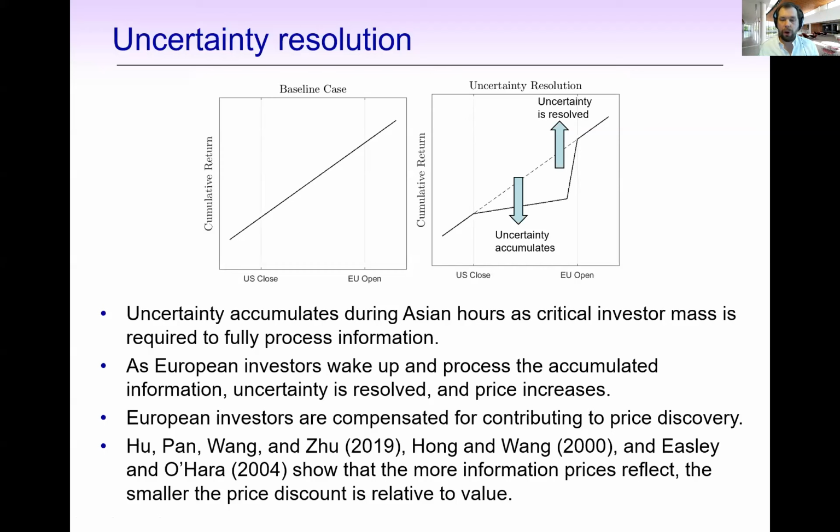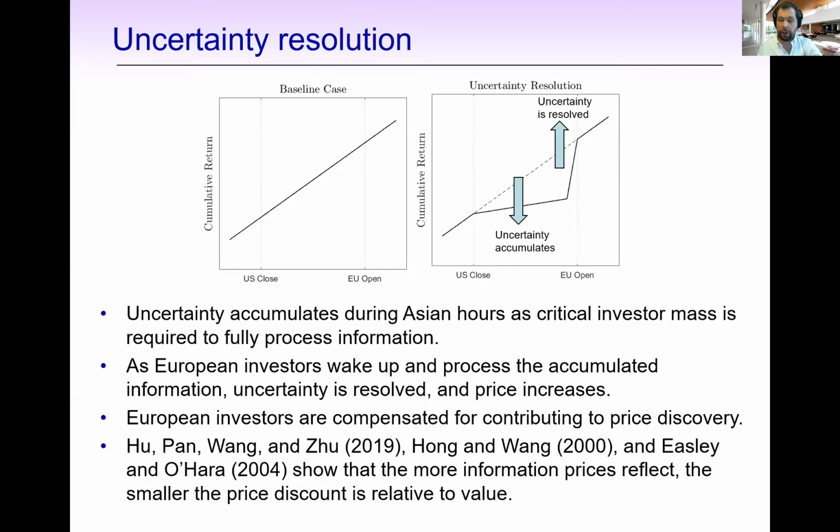During most of the day, uncertainty is relatively low because we have a critical mass of investors that process the incoming information, except for the Asian session. The Asian economy is an important contributor to world GDP, so there is a lot of news. But there are relatively few large investors in that time zone, so they cannot process all of the news efficiently.